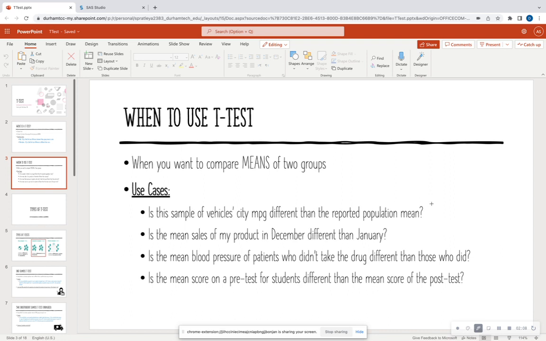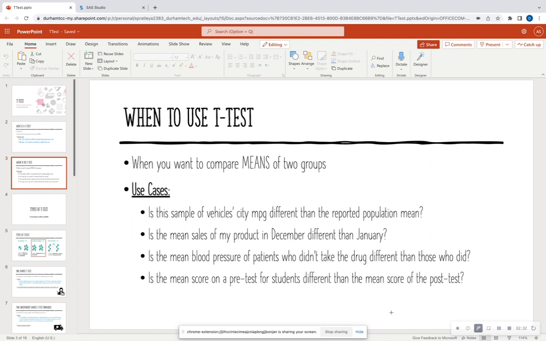That's going to be what we call a one sample t-test, which we're going to talk about in our next slide. Is the mean sales of my product in December different than the mean sales of my product in January? Is the mean blood pressure of patients who didn't take the drug different than those who did? And is the mean score on a pre-test for students different than the mean score on a post-test?